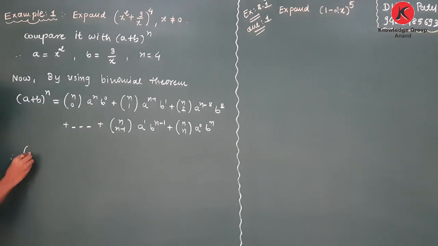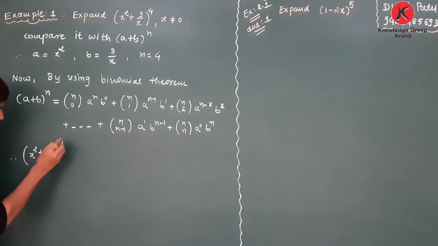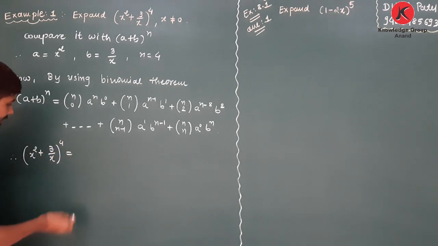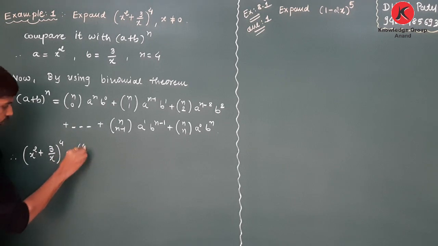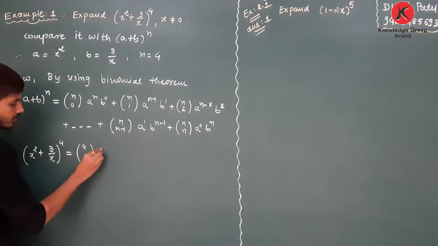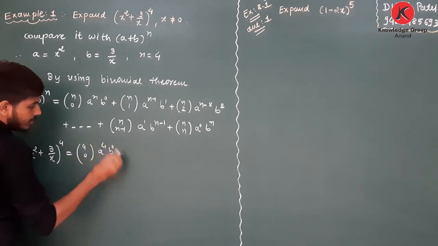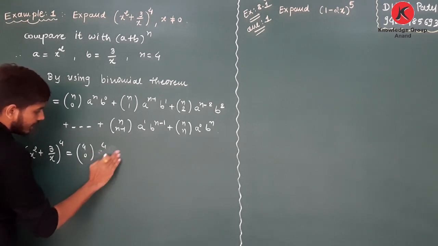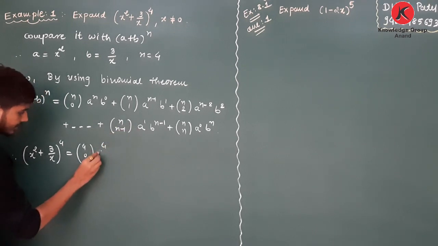Therefore, we are getting (x^2 + 3/x)^4 equals 4C0 a^4 b^0. So here a is equal to x^2.